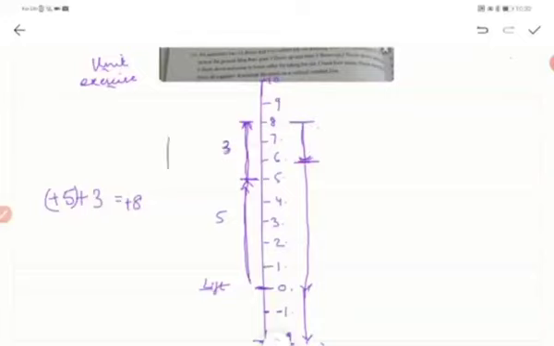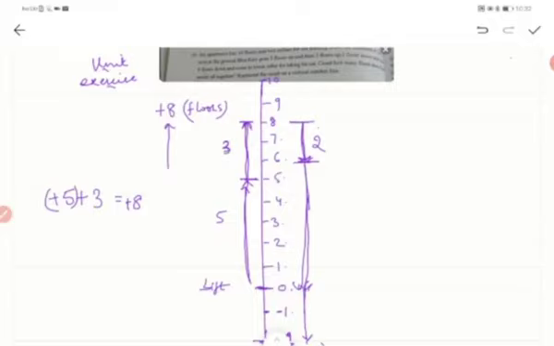So he went upwards 8 floors. I will take plus 8 for this. Now from the 8th floor he traveled 2 floors down, and after that 6 floors down.